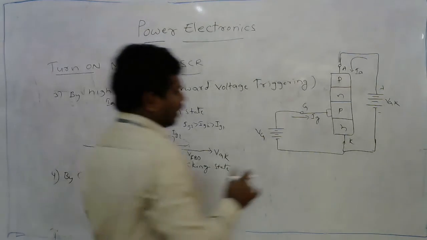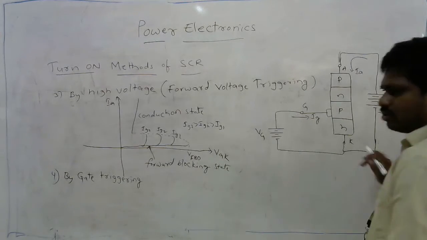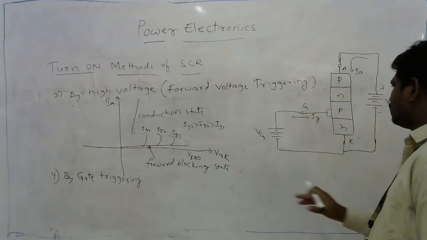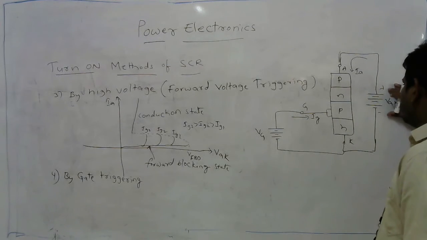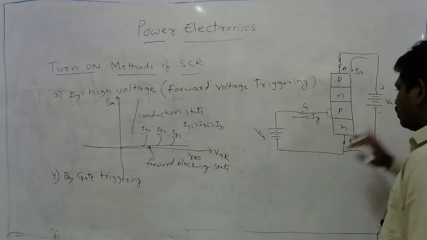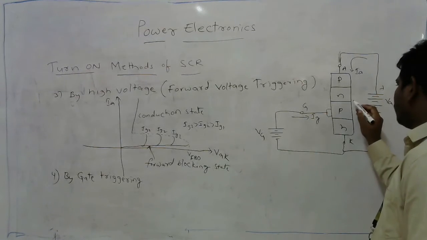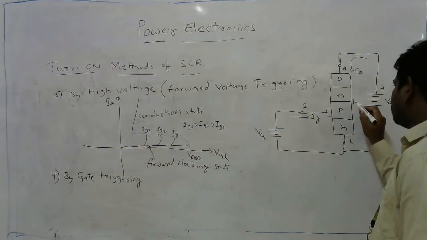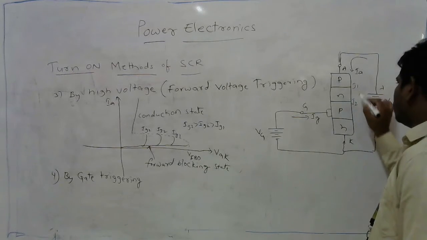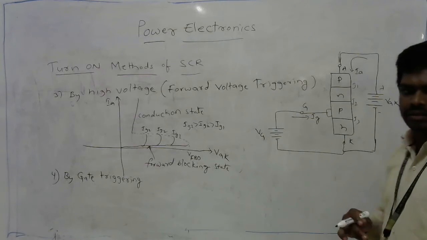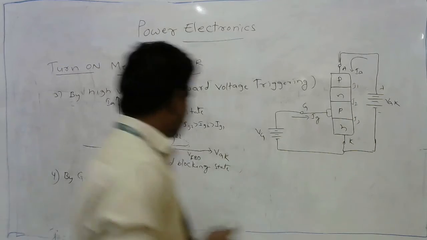Instead of applying more voltage across the anode and cathode terminals, with the help of gate voltage we can apply reduced values across the anode and cathode, and what happens is the junction J2 breaks down. This is junction J2, and J1, J3. Right?